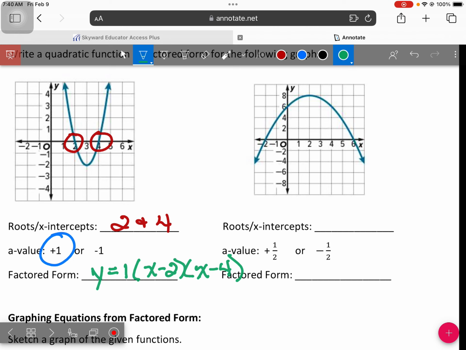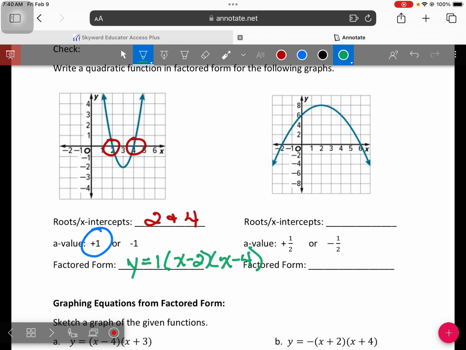All right, so let's take a look. What are my roots or x-intercepts here? How about Joel? What are my roots or x-intercepts? Excellent. -2 and +6.